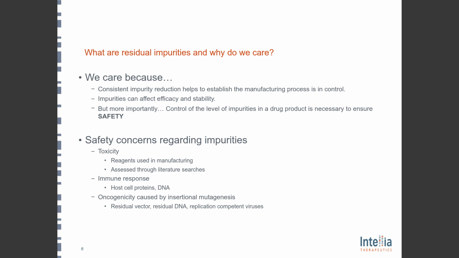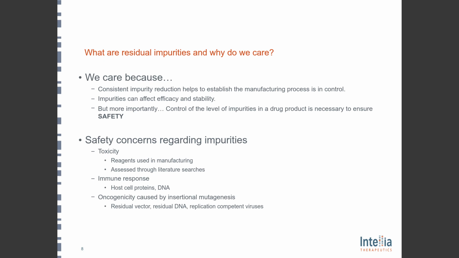So there are multiple safety concerns regarding impurities. For starters, toxicity. Reagents used in your manufacturing process might be toxic depending on the levels that they are present in your final drug product. And these can be assessed through literature searches. Immune responses are also something to be concerned about when you're considering your impurities within your product.